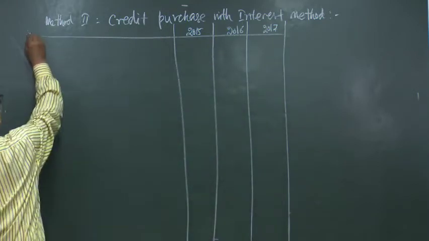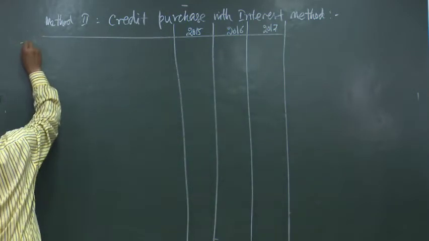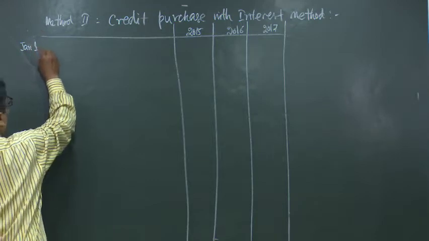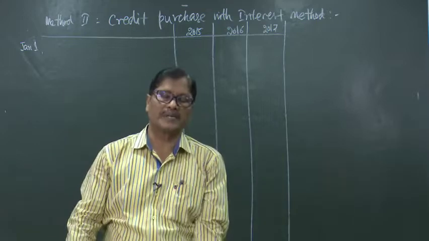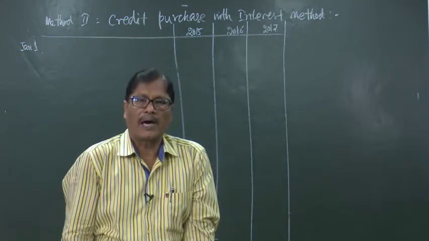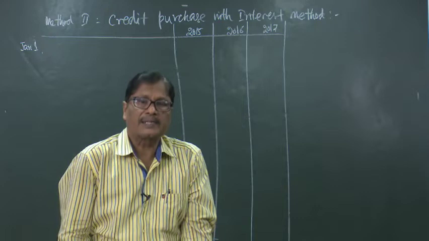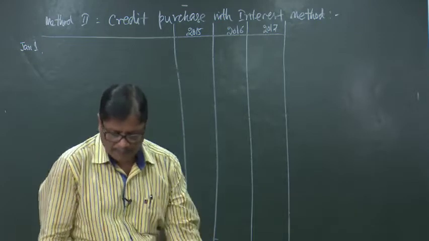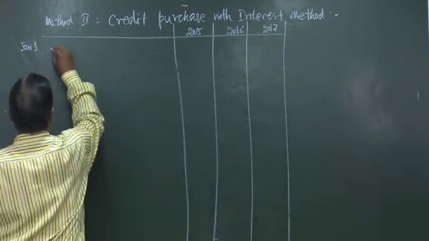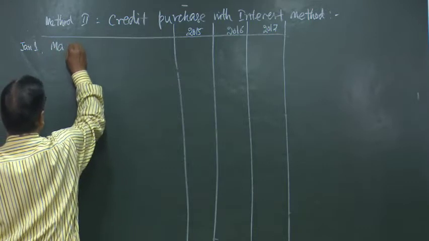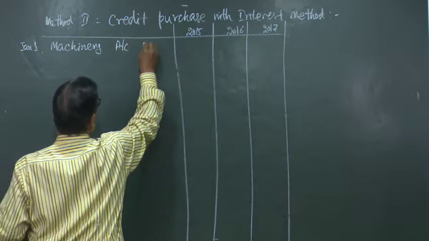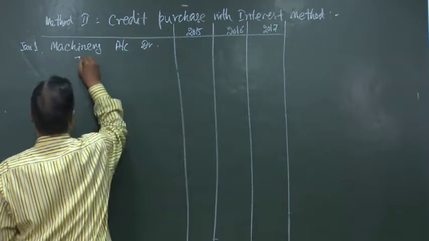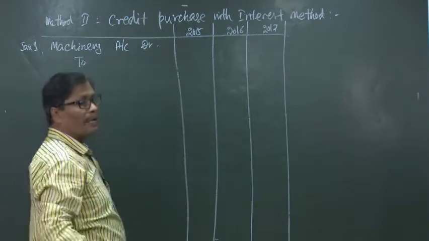So, the first entry will be on January 1st of 2015. What will be the entry? The entry will be when we are purchasing the asset on hire purchase basis. The cost of the asset is 10,000. So, the entry will be machinery account debited to hire vendor account.